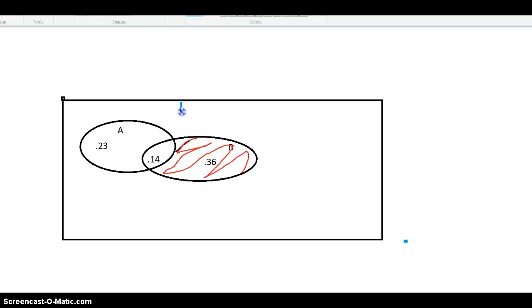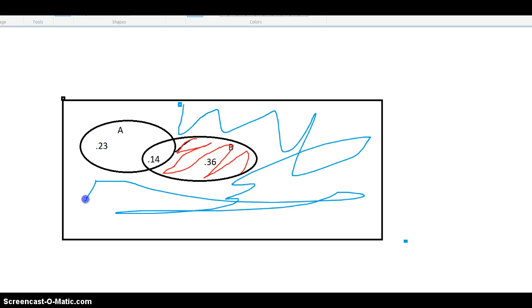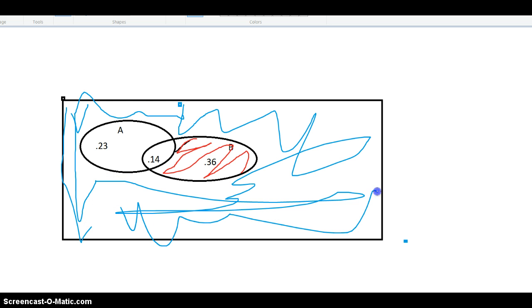Of course, it should be inside the box, but outside of both A and B. So it's all those sections outside of both A and B. It shouldn't go out of the box. So that is going to be A bar B bar.